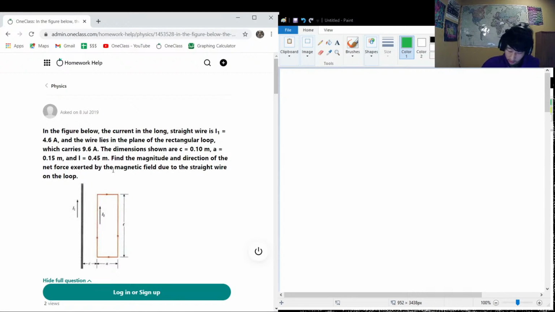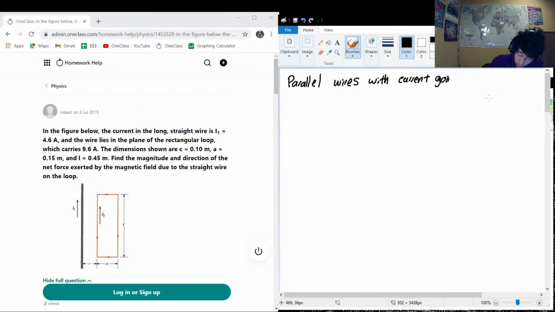Okay, so the first thing that we want to mention is, why does this force even exist? So whenever we have parallel wires with current going through them, they will experience a force between them.